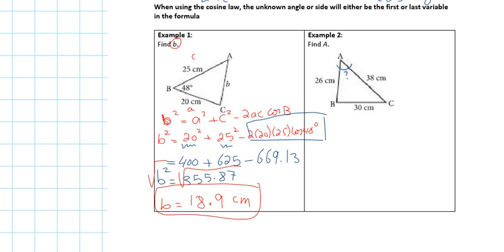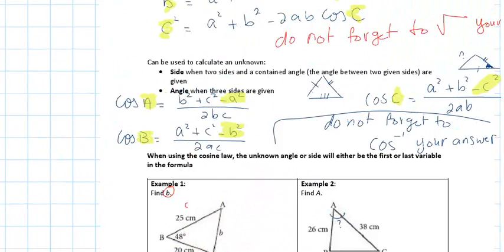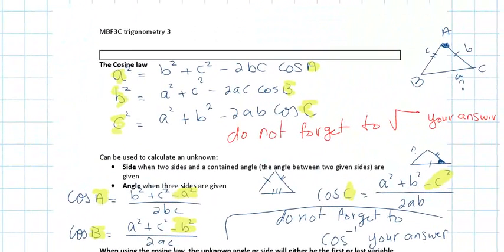Now remember, guys, if your triangle is XYZ, and you know angle X, when you know Y and Z, you're going to have to say X squared equals Y squared plus Z squared minus 2YZ cos X, right? So you're going to have to be able to manipulate your equation to use the letters that you have.